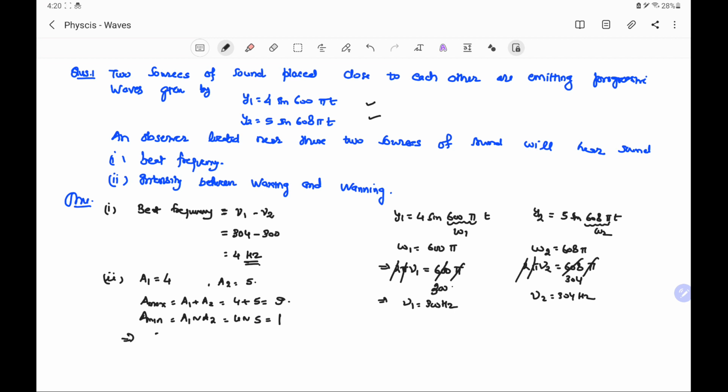So I max by I min, because intensity I is proportional to the square of amplitude, will be equal to A max square by A min square, and it is equal to 9 square by 1 square, which is 81 by 1. So this is the answer.